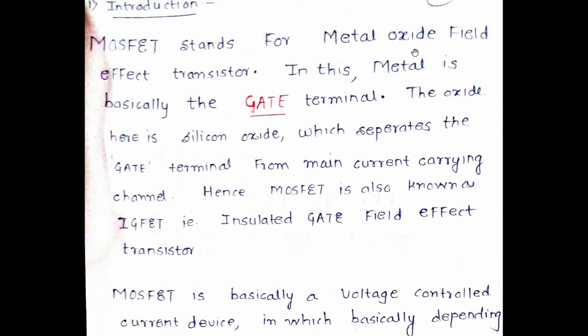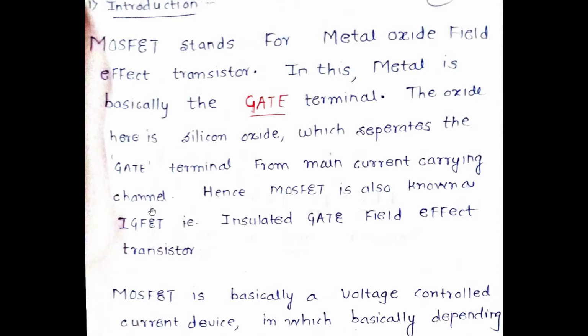So basically when I talk about metal, the MOSFET stands for this entire term, metal oxide field effect transistor. The metal stands for the gate terminal. The oxide here is the silicon oxide, which separates the gate terminal from the main current carrying channel. So when we learn the diagram, you'll be understanding this better.